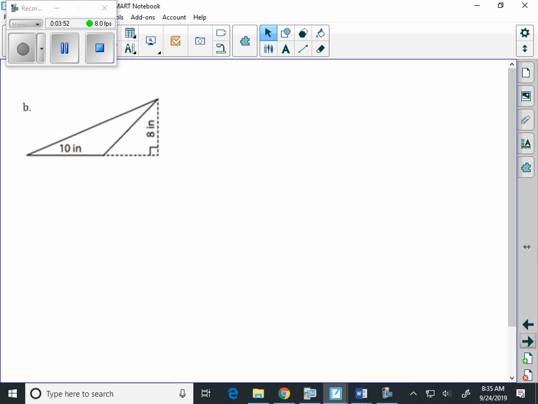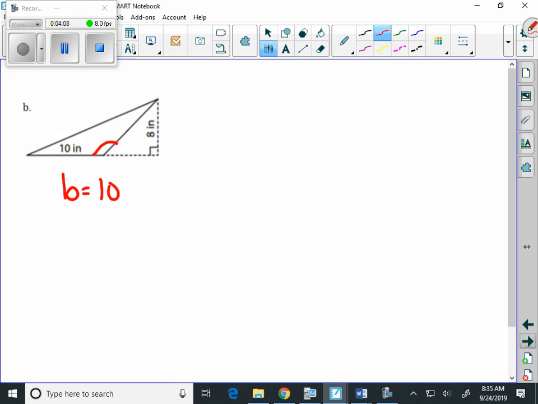But on letter B here, what we have is an obtuse triangle. Our obtuse angle is here, more than 90, to refresh our vocabulary. And we know that the base, then, in this particular triangle is 10, and the height outside of the triangle is 8.